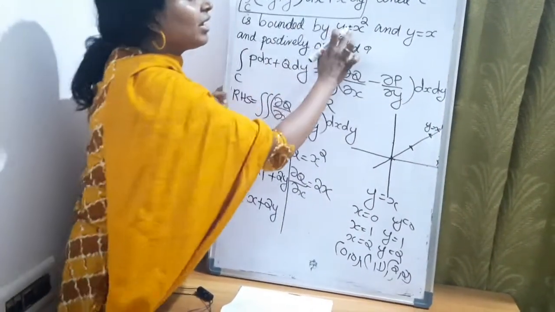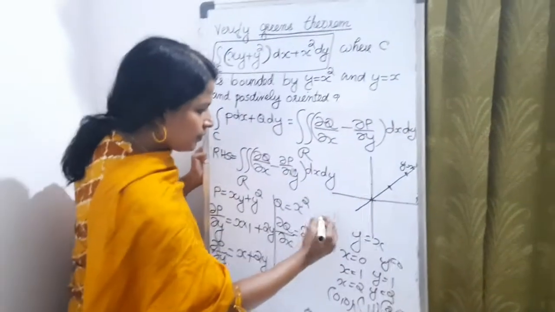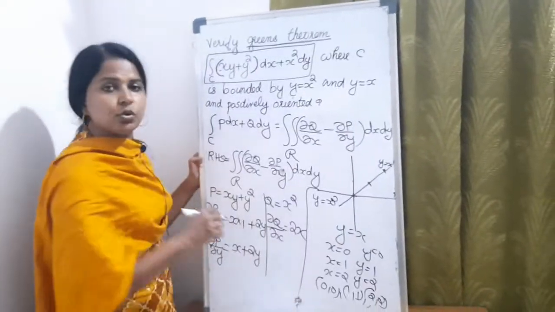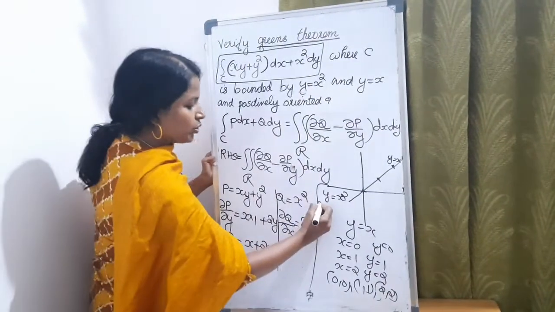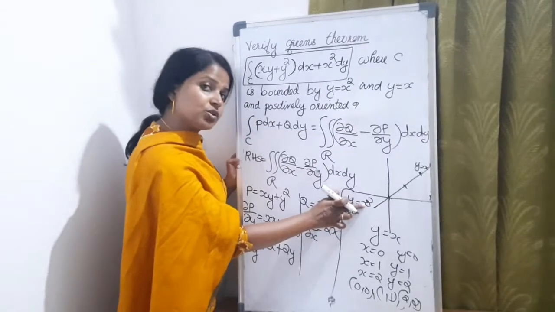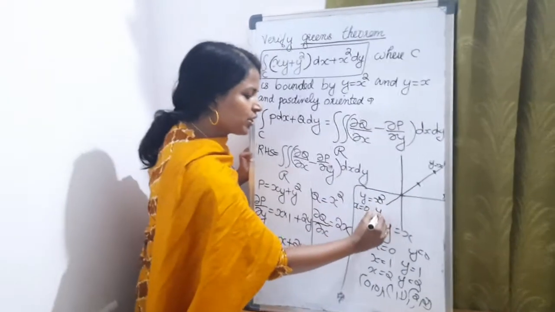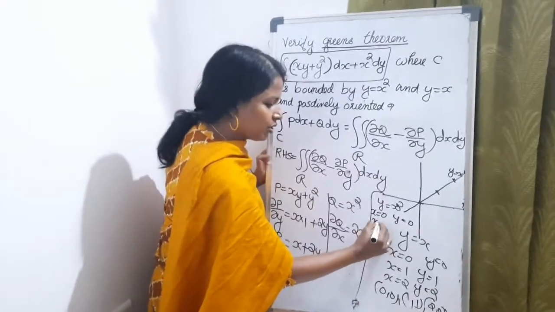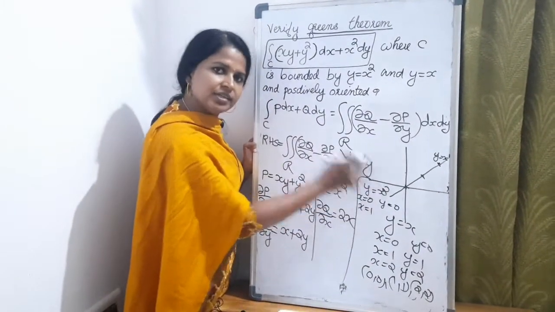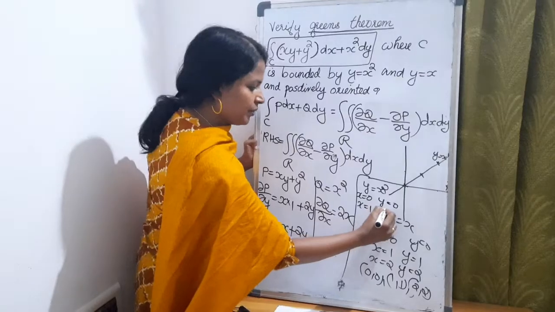Next one, y equal to x square. Put x equal to 0: 0 square is y, that is y equal to 0. Then put x equal to 1: 1 square is 1, so y equal to 1.